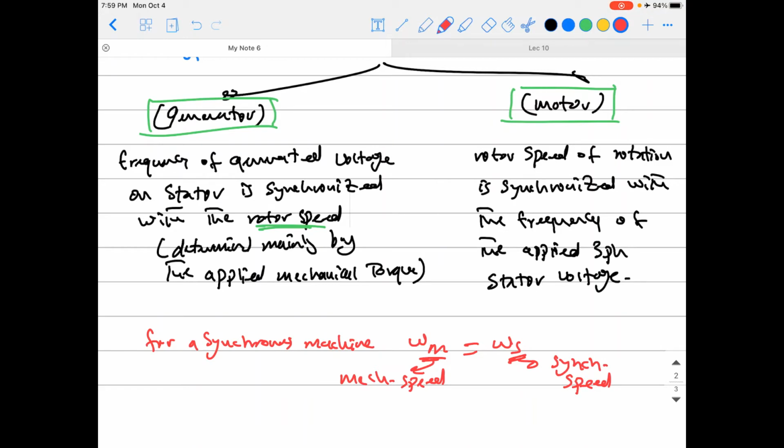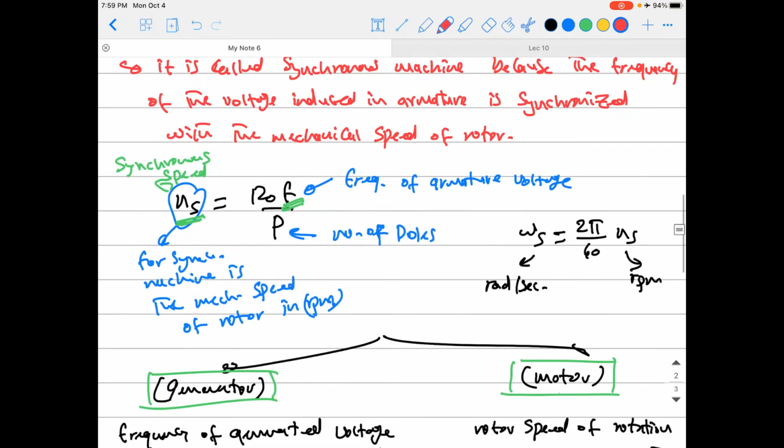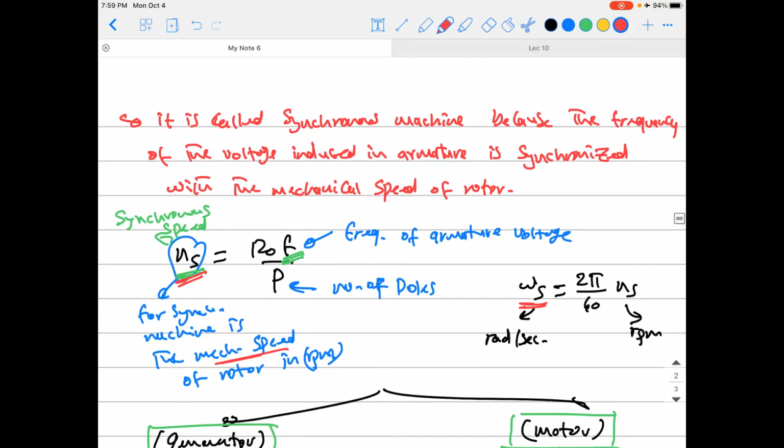So here I said that is omega s and that is ns, and for a synchronous machine that is the rotor speed, which is the mechanical speed of the rotor. You can call it omega m or omega s. It is just the same thing.